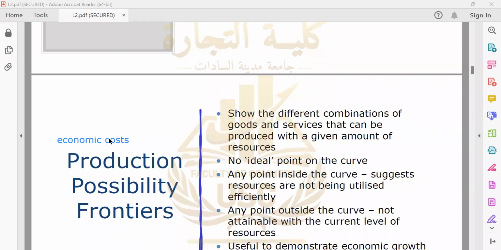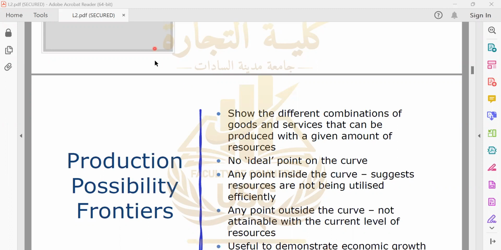When we speak about the production possibility frontier, or PPF, it is one of the most important economic models, because it shows us different combinations of goods and services that can be produced with a given amount of resources. And there is no ideal point on the curve.